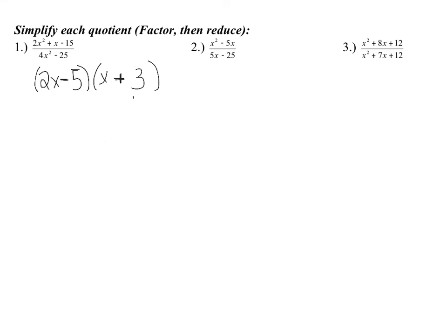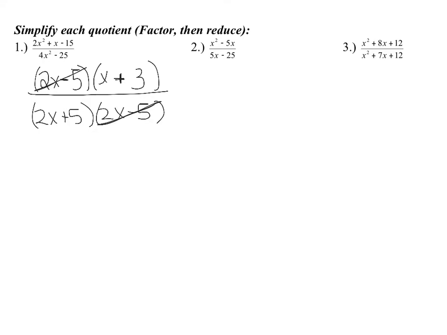The bottom is so much easier to factor because at this point, hopefully you have noticed, it's a binomial. So it's a perfect square minus a perfect square, meaning I'm trying to get 0 in the middle. All such binomials will break into a difference of squares. So this is going to break into 2x plus 5 and 2x minus 5. Now if you take a look, this 2x minus 5 and this 2x minus 5 represent the same number.